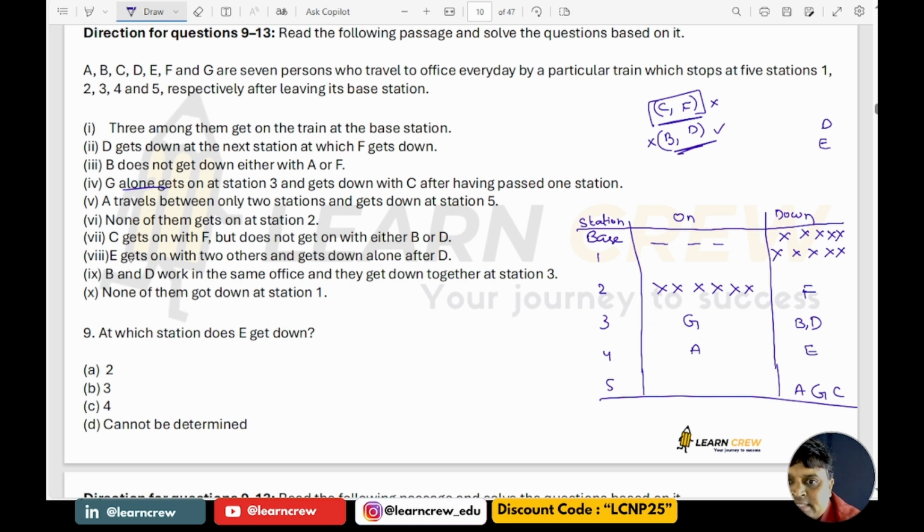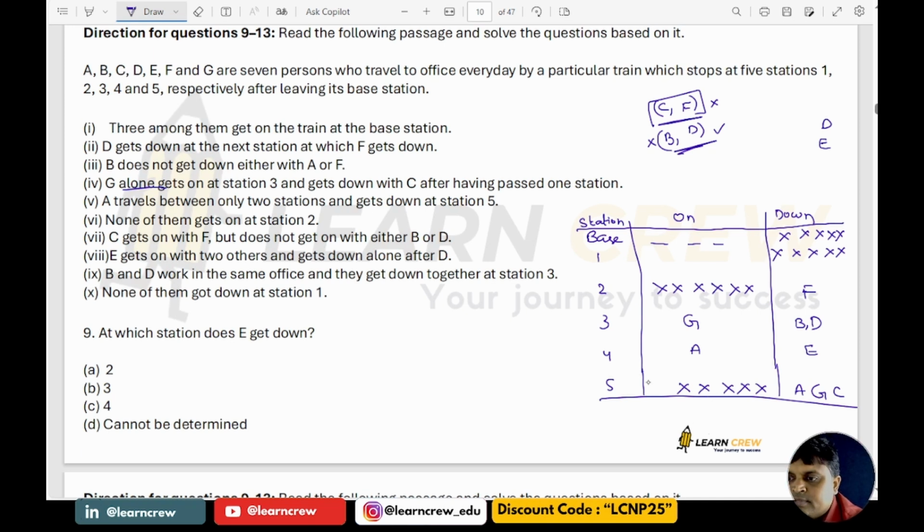Now C gets on with F but does not get on with B or D. So nobody will get on here also. Right? Now please see here.